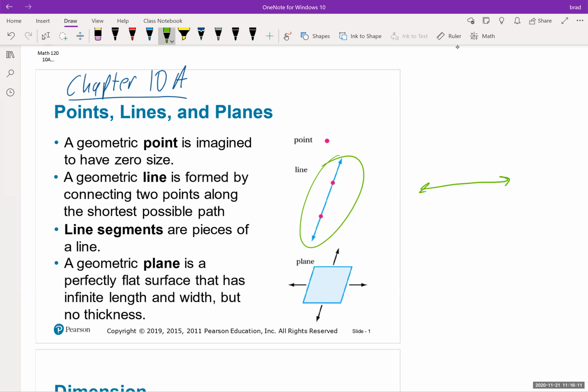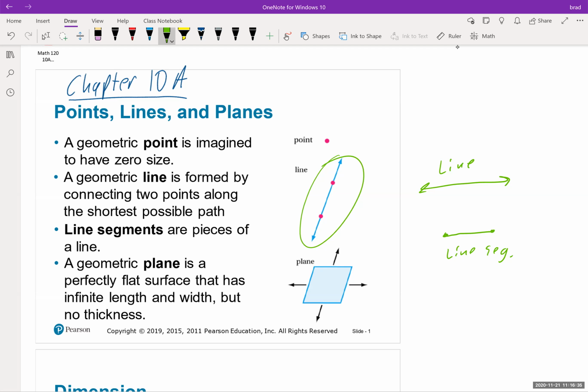Then if you want to chop off, say from here to here, and you connect the points, this is a line segment, and this is just a line. So lines go on for infinity in both directions in mathematics. Line segments are pieces of a line, from a starting point to an ending point.